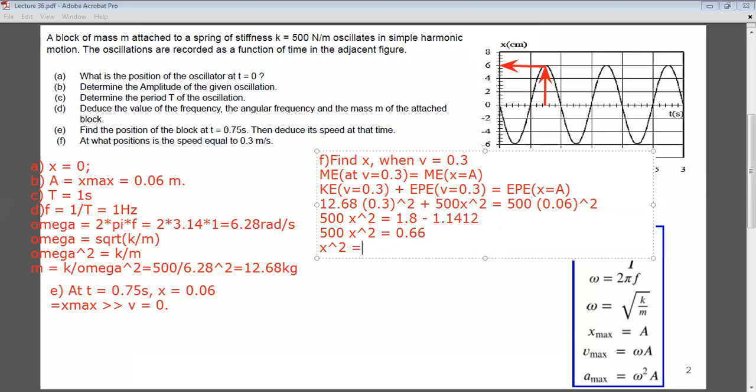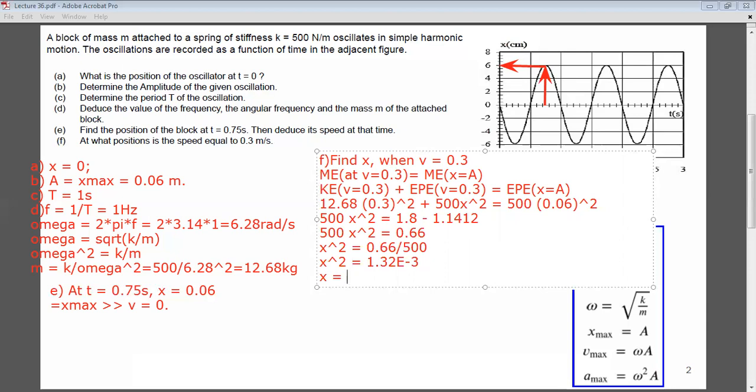X squared equal to 0.66 divided by 500. X squared equal to 1.32 times 10 power minus 3. So now I have x squared is equal to a number.